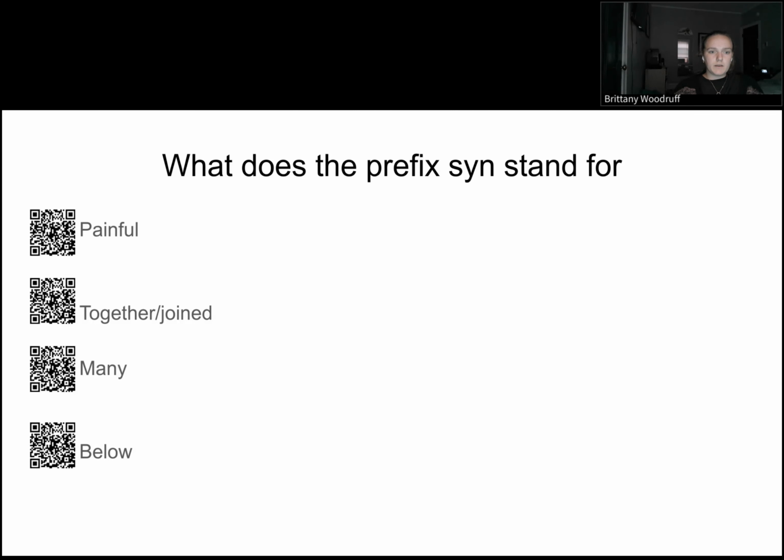Something like this isn't explicitly on your terminology sheet, but it's something that's going to help you when we talk about joints, right?